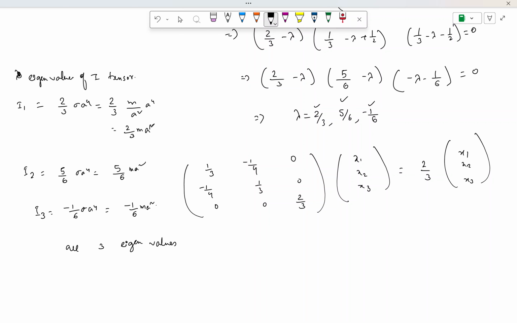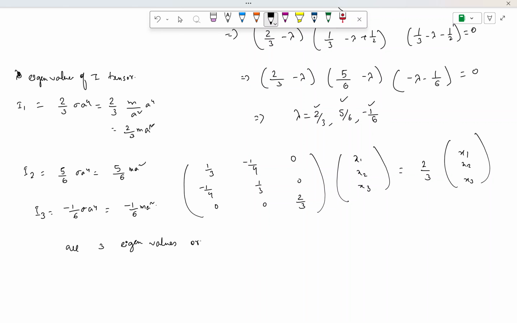I have told you at the first that for moment of inertia problems, you have to first find out the moment of inertia tensor. Now to get the principal moment of inertia, you just need to diagonalize it, or in other terms, find the eigenvalues of that moment of inertia tensor that we have already obtained. Those eigenvalues are actually called the principal moment of inertia.